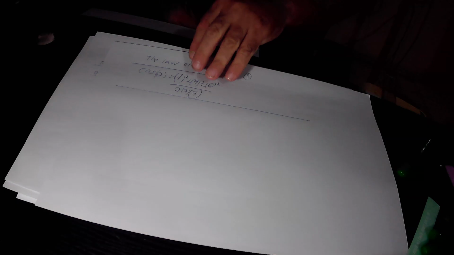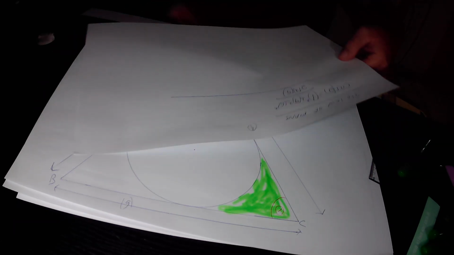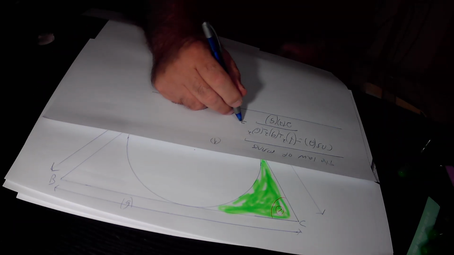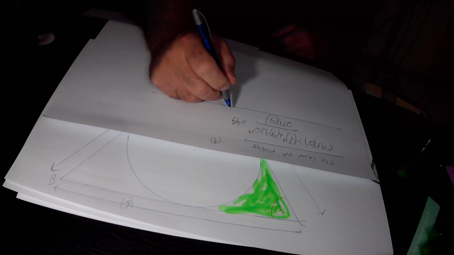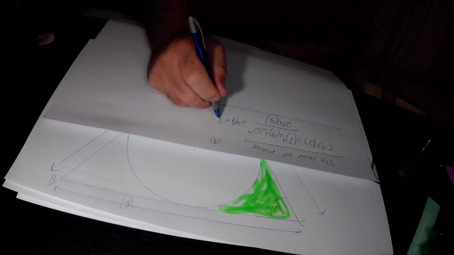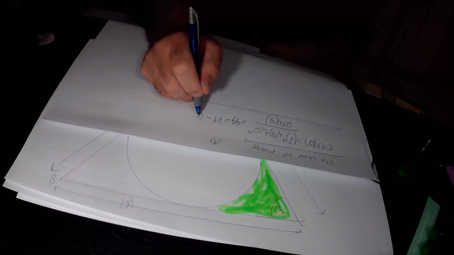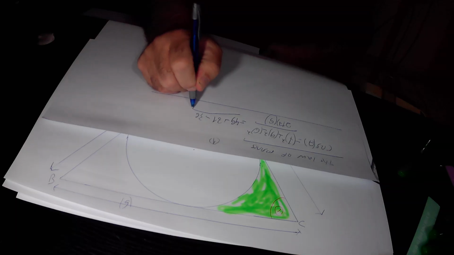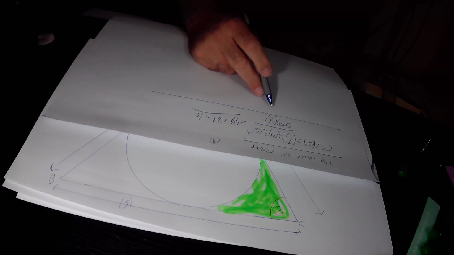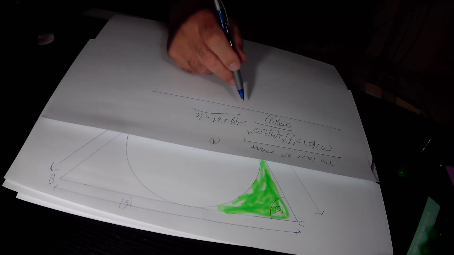So seven square is 49, plus 9 squared, that is 81, minus 6 squared, that is 36, over 2 times 7 times 9. 7 times 9 is 63, and 63 times 2 is 126.